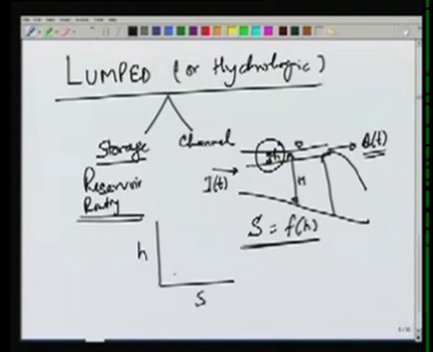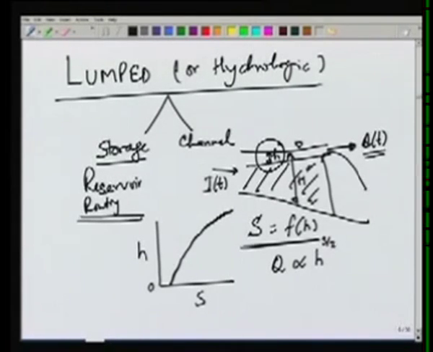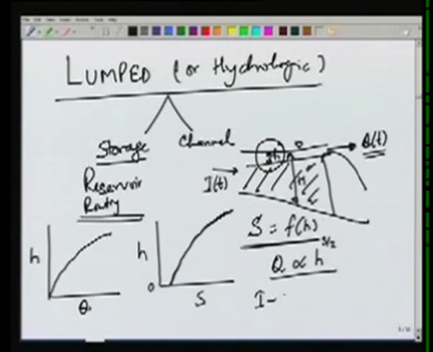As we go higher, the storage volume within the reservoir increases, so S will typically be a function of H, like this, where H equal to 0 indicates the storage below this level, and then it increases as we increase the H. Similarly, the outflow from the reservoir will also depend on H, and generally if we have an uncontrolled spillway here, then Q typically is proportional to the 3/2 power of H, and we can plot a curve like this showing the variation of Q with H. So the equation which is used for lumped routing is I minus O, inflow minus outflow, equal to dS/dt.